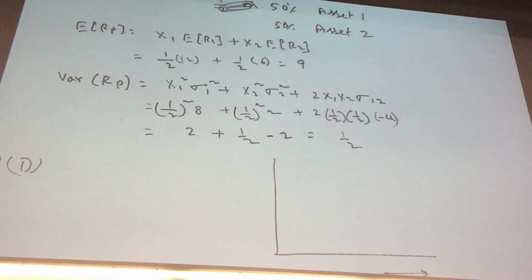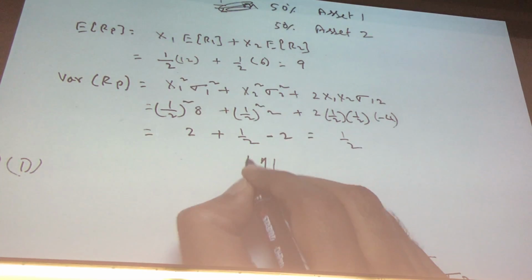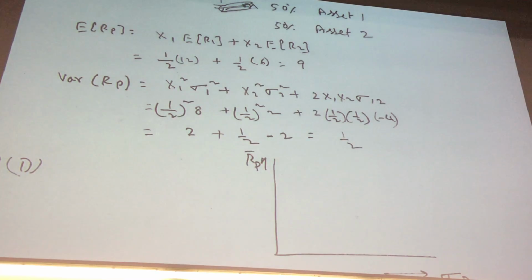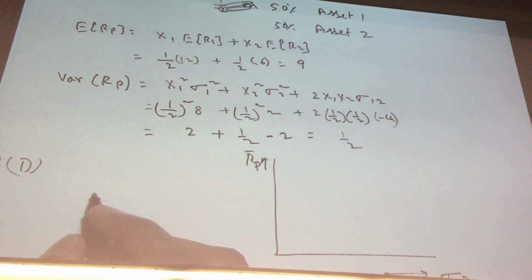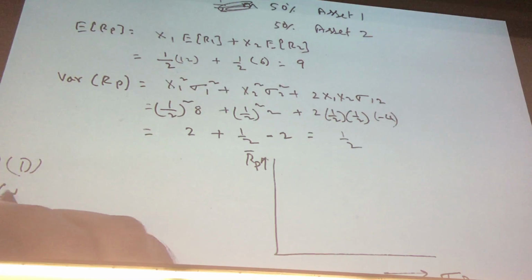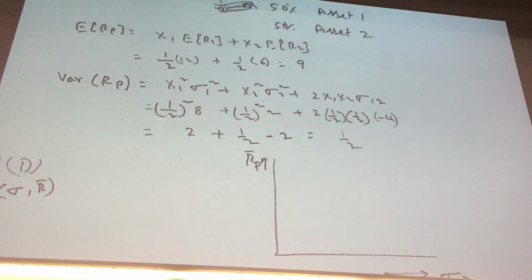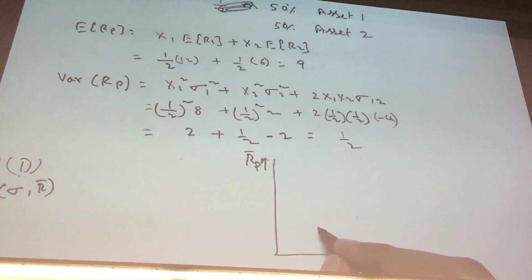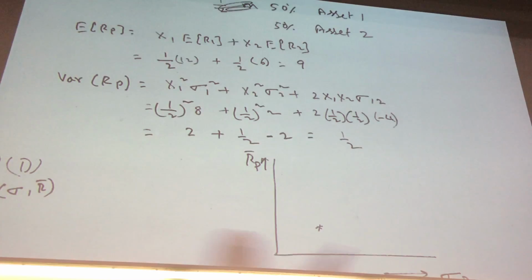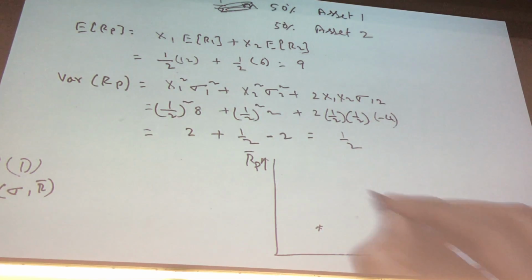Usually we do consider sigma as the horizontal axis, and this is the RP bar, the portfolio's return. And each and every asset would give you two numbers, one for sigma and the other one for return. Okay? What you need to do for part D is basically locating those points on this two-dimensional graph, nothing else.